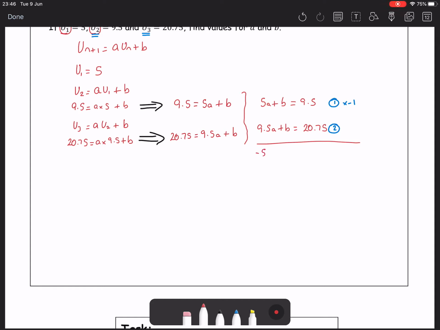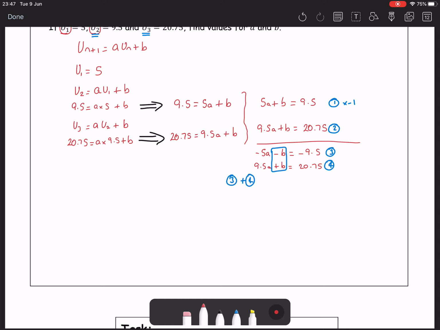So -5a minus b is equal to -9.5, and 9.5a plus b is equal to 20.75. In a simultaneous equation, that's the situation that I want. I want to be able to eliminate my b's, and I do that by adding my two equations, adding 3 and 4.